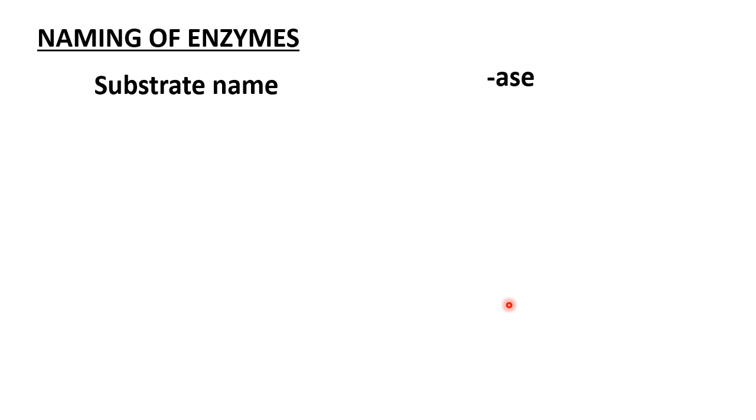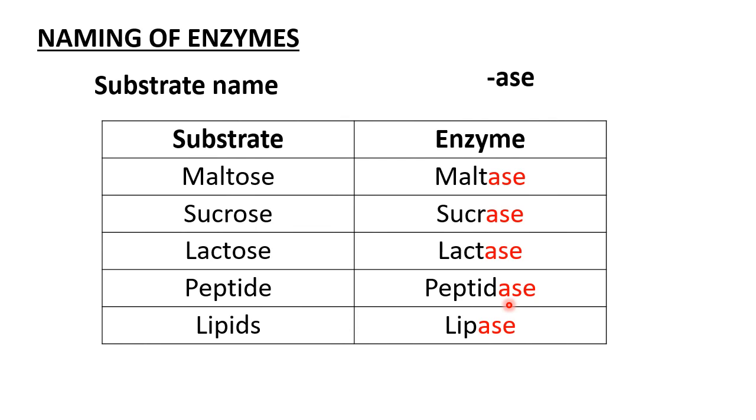Let's take a look at this table to understand examples of substrate and their enzymes. In this column we've got substrates, and in this column we've got enzymes. So here I've got a substrate called maltose.